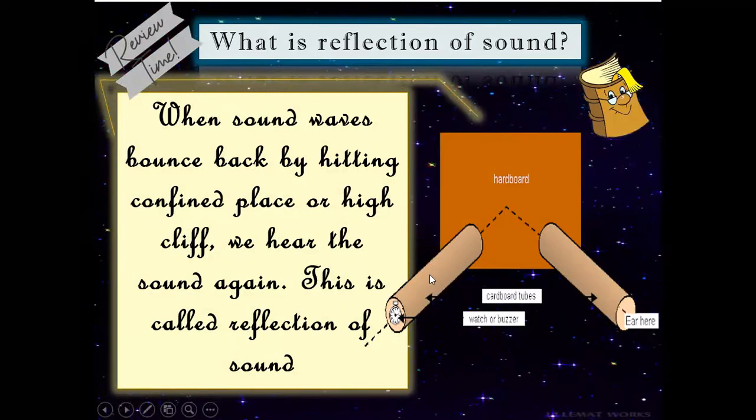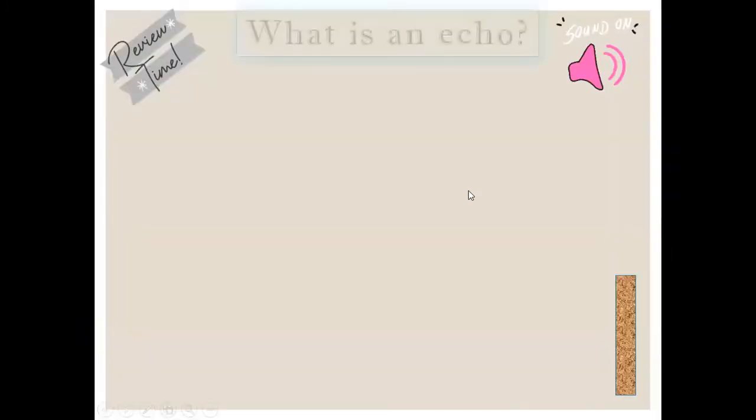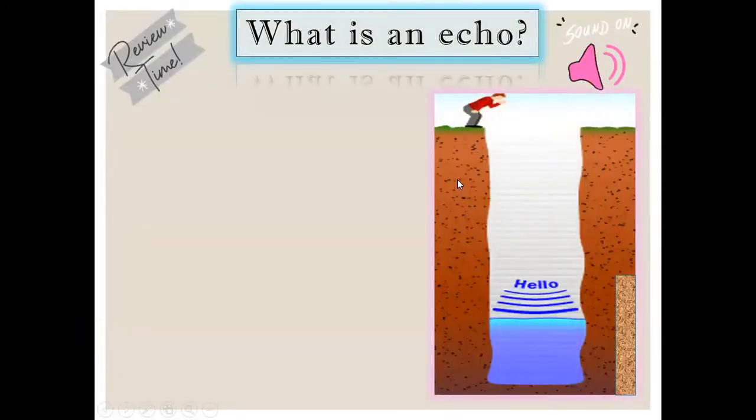The same thing applies to the reflection of light. For the reflection of sound, the angle of incidence is equal to the angle of reflection, so we can hear the sound very clearly. We already watched the video related to it.